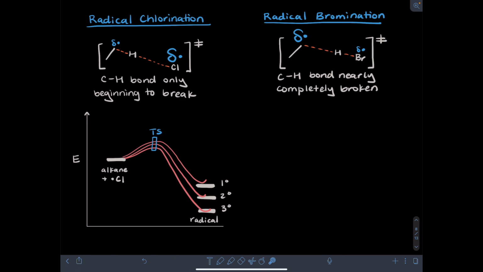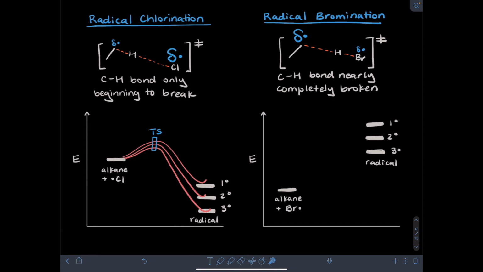If we looked at the barriers going from the starting alkane and the chlorine radical to these different products, because the transition state is close in energy to the alkane starting material, the C-H bond is only starting to break at the transition state, and there isn't significant carbon radical character present. This means that the substitution of the carbon radical that's forming isn't influencing the transition state very much.